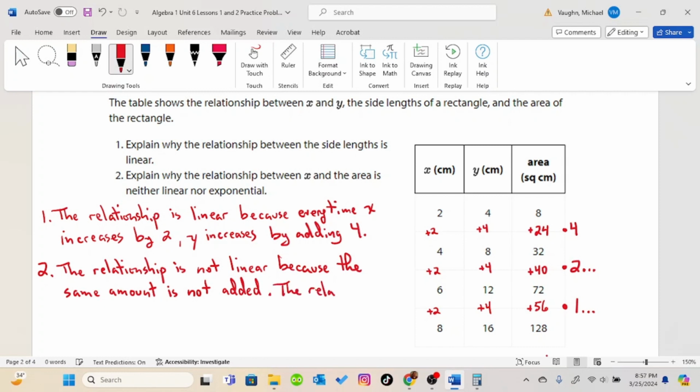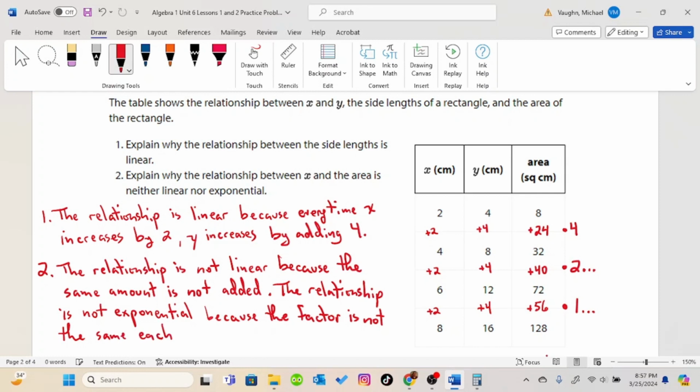The relationship is not exponential because the factor is not the same each time.